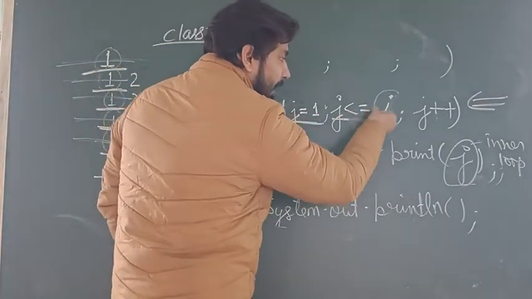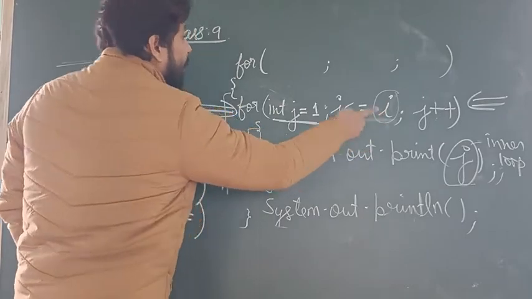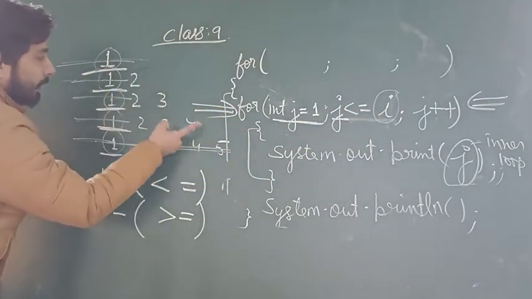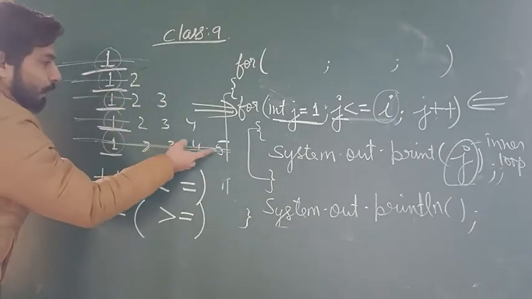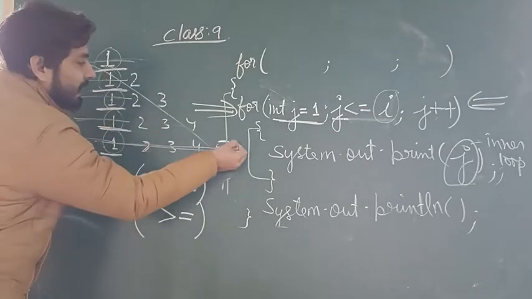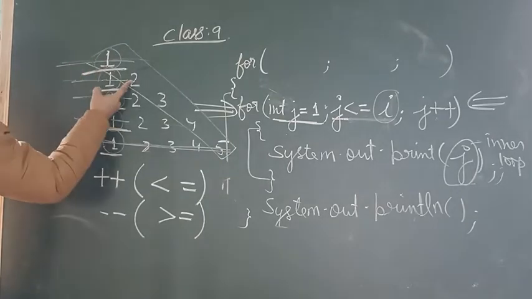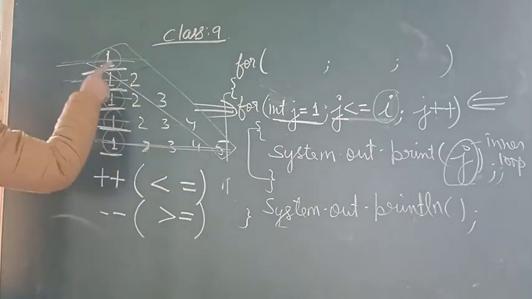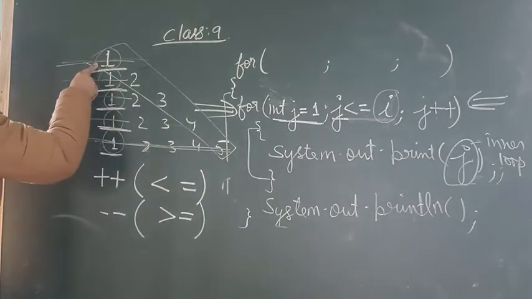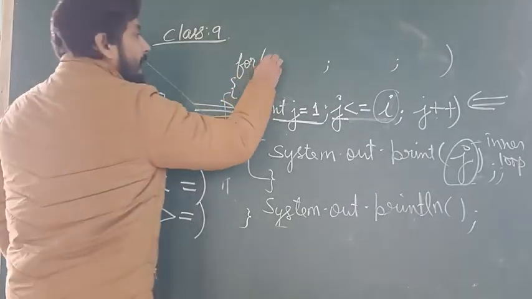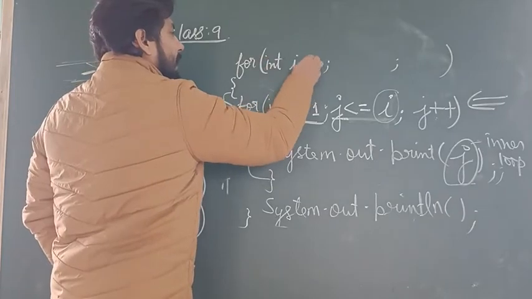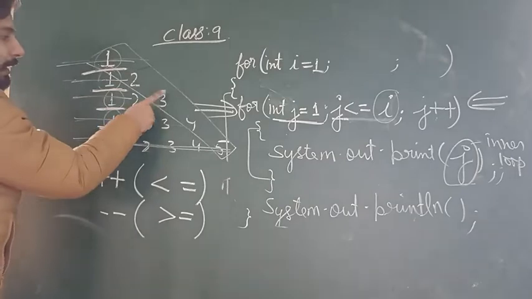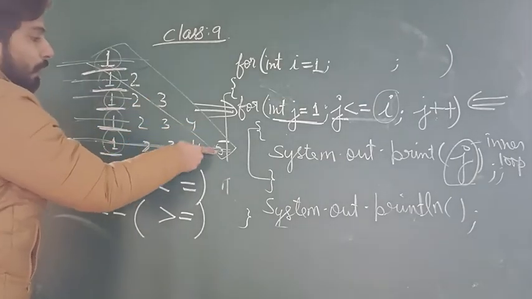Now where is i? At the condition. When i is at the condition, just see the last value of each line. 1 2 3 4 5, the last value of each line. It should be 1 2 3 4 5. So your outer loop starts with the value 1, and after 1 the value is 2, after 2 is 3, after 3 is 4, after 4 is 5.